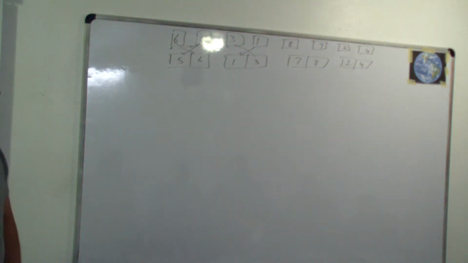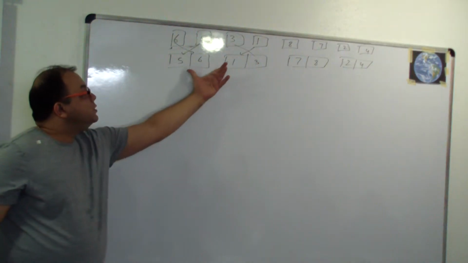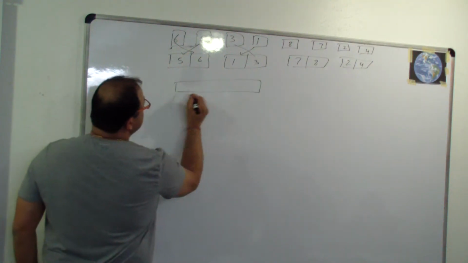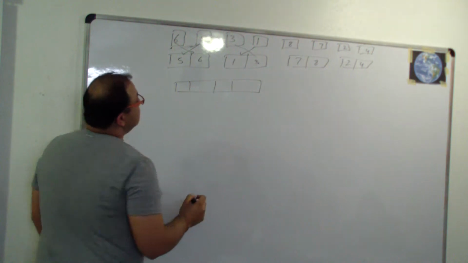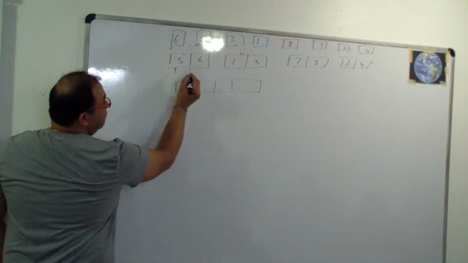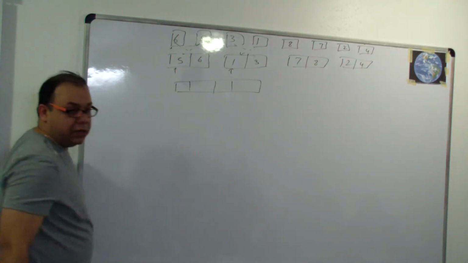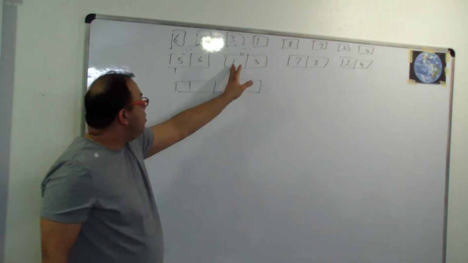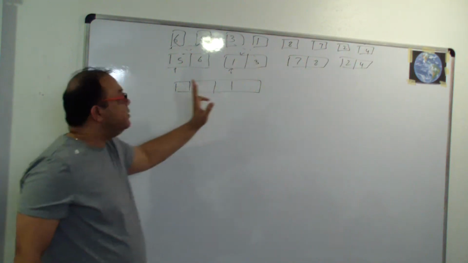Okay. Next we will merge these two together. When we merge these two, we put a pointer at 5 and a pointer at 1, and we go till one of them reaches the end, right?